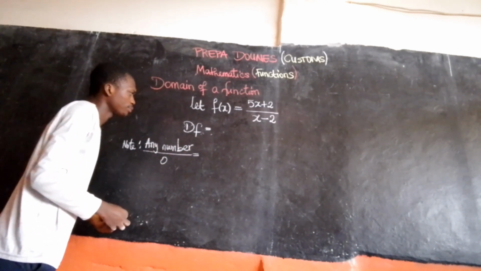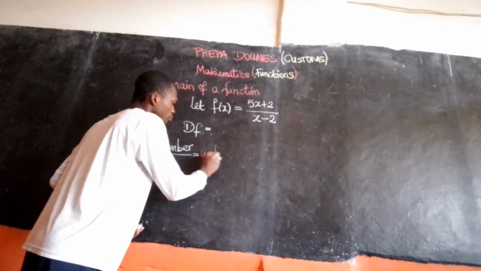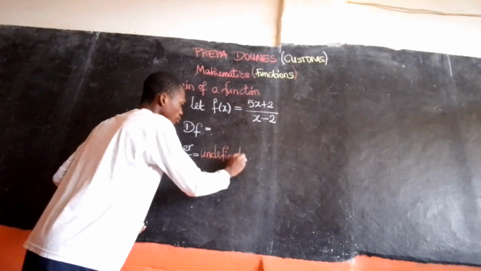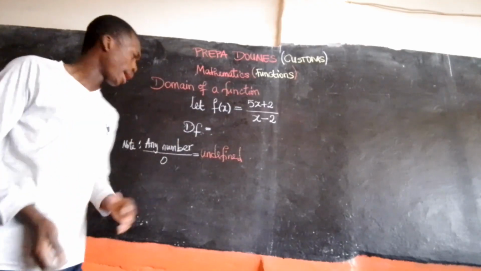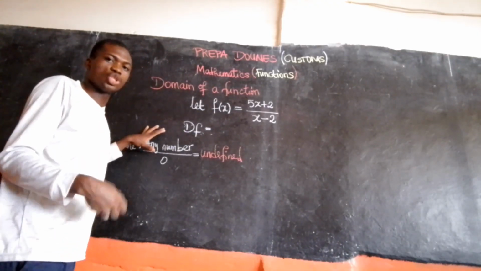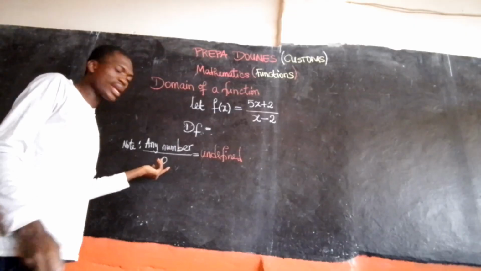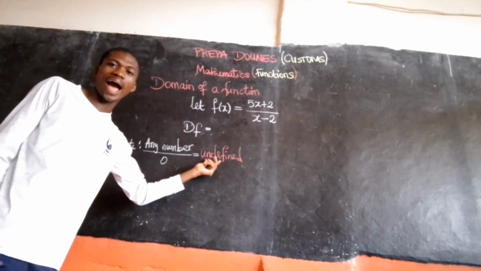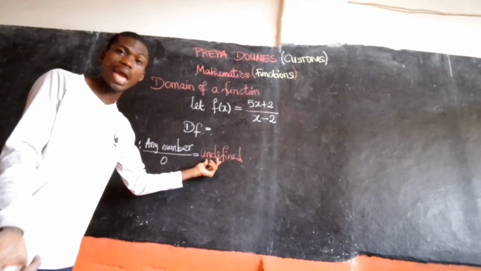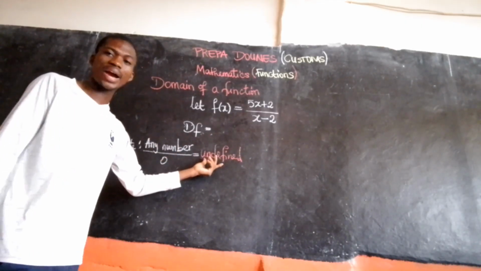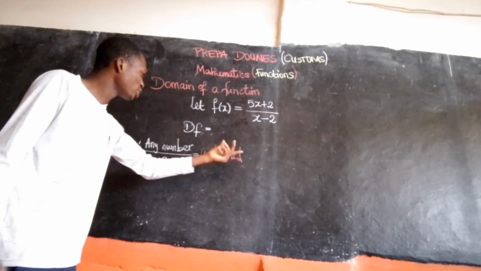Undefined. If you take your calculator and punch any number like 500, 2, 3, any number divided by 0, you will have your answer as math error or syntax error because it is undefined. It does not exist.